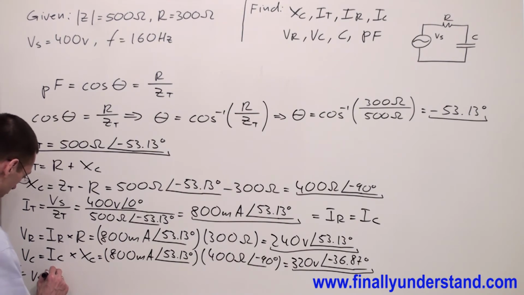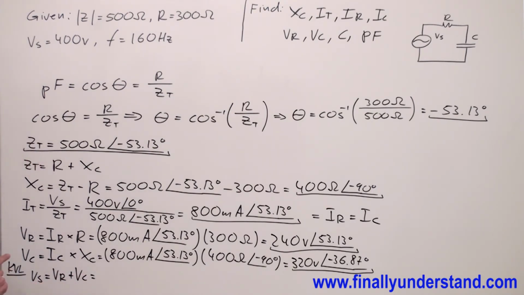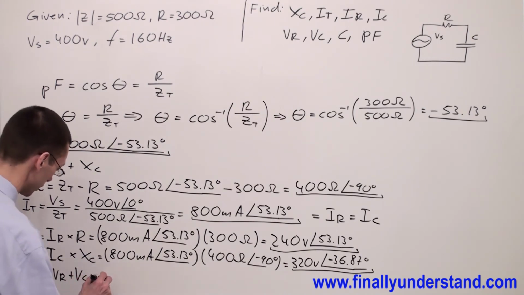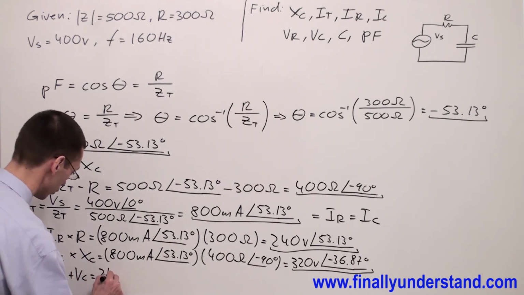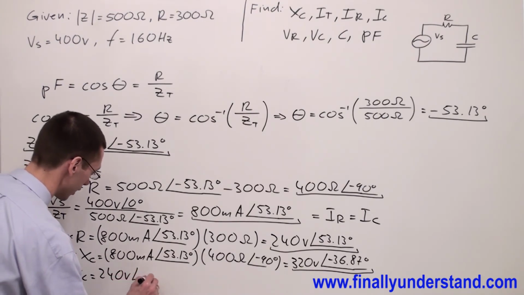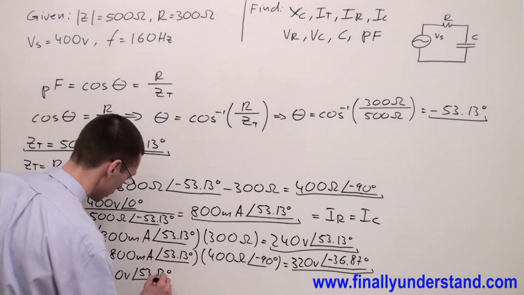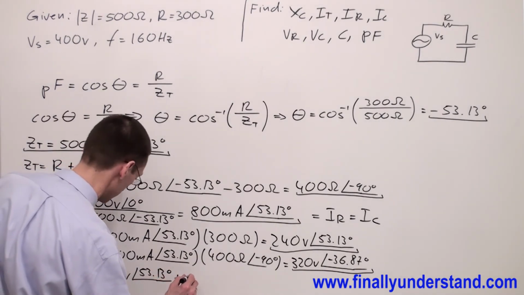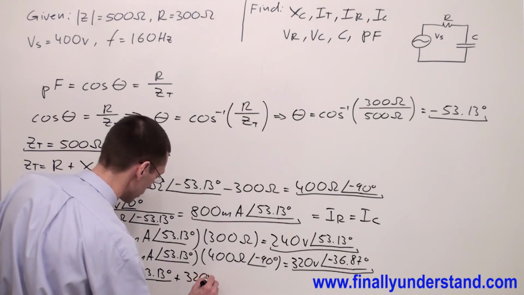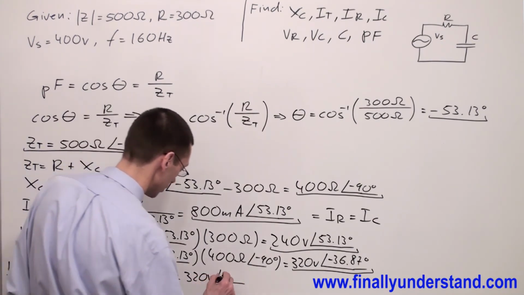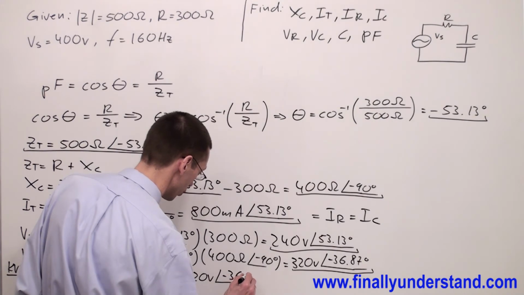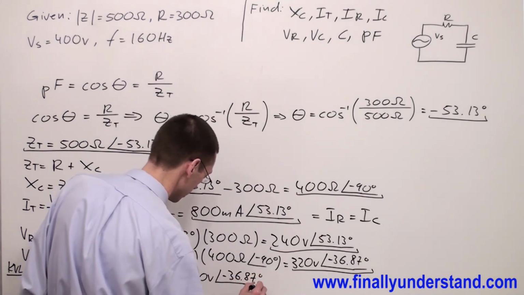So we have voltage across the resistor plus voltage across the capacitor, which is supposed to give me a value close or equal to the voltage source, where VR is equal to 240 volts and angle of 53.13 degrees, plus 320 volts and angle of negative 36.87 degrees.